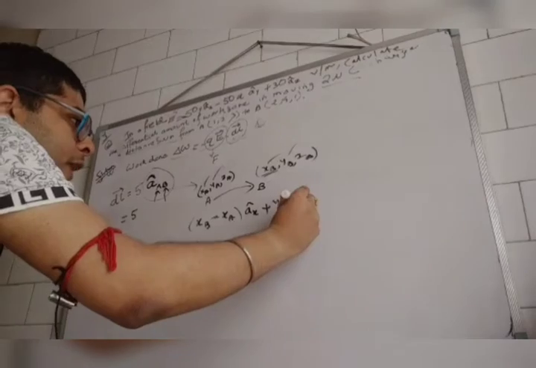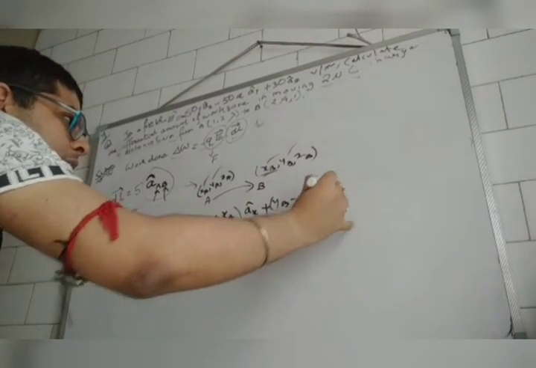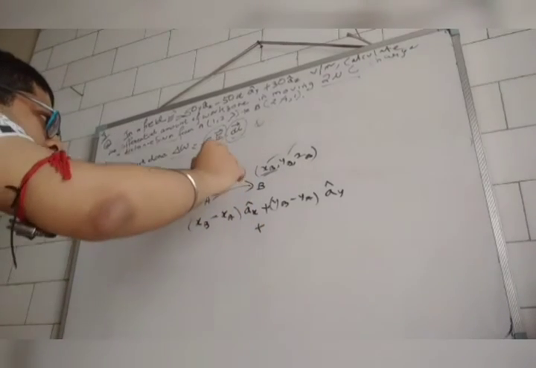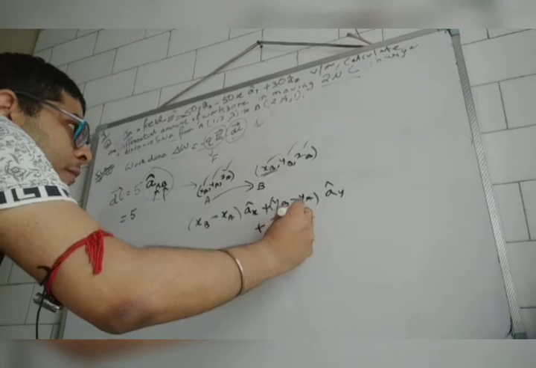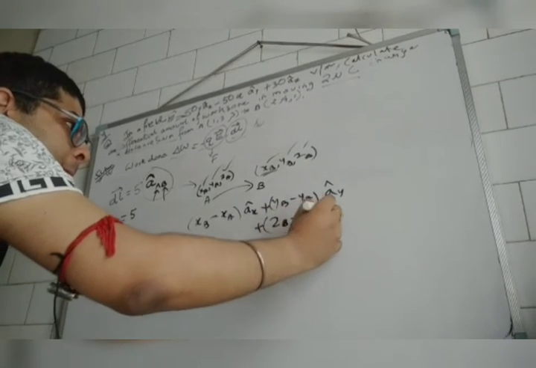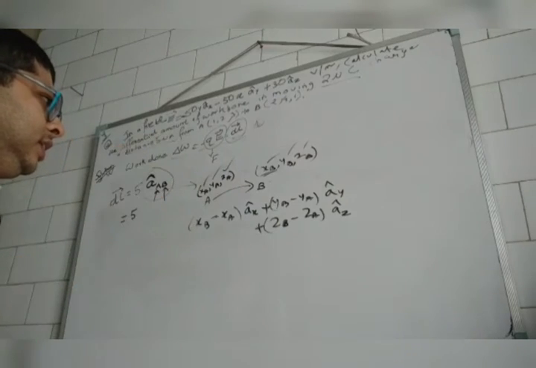So yb minus ya, and we have the unit vector along y direction, and lastly you need to subtract the z. So we have zb minus za. This is the unit vector along z direction.